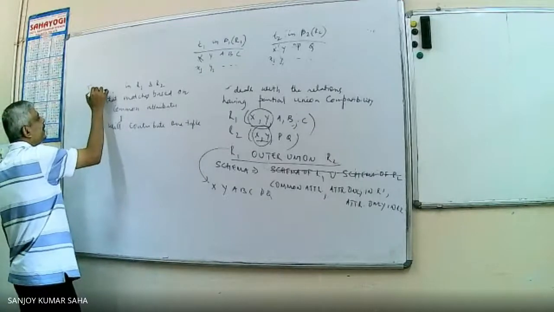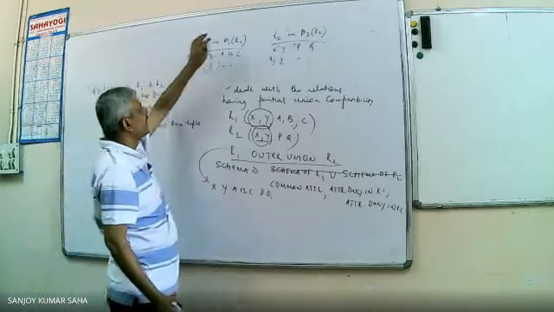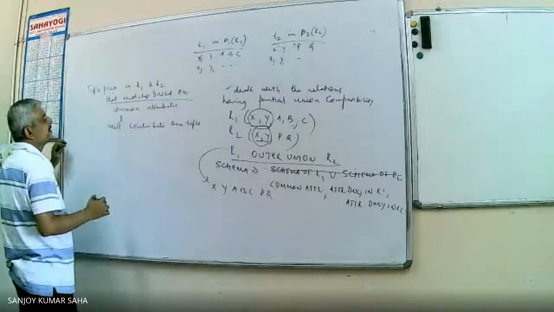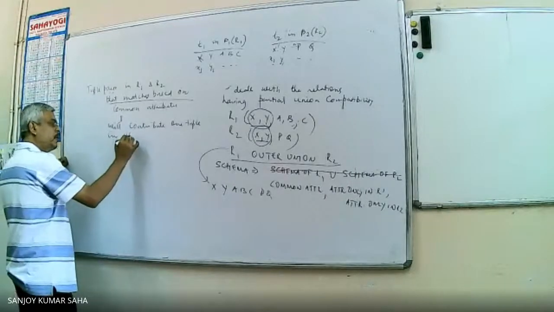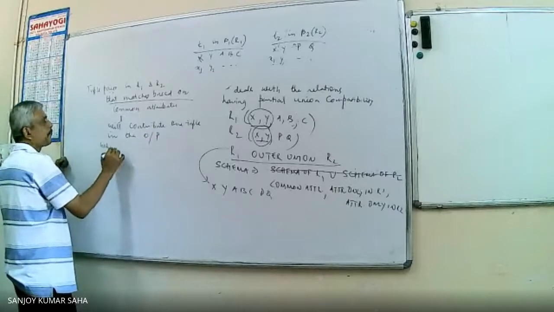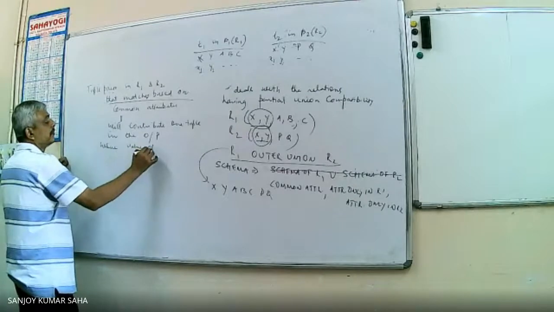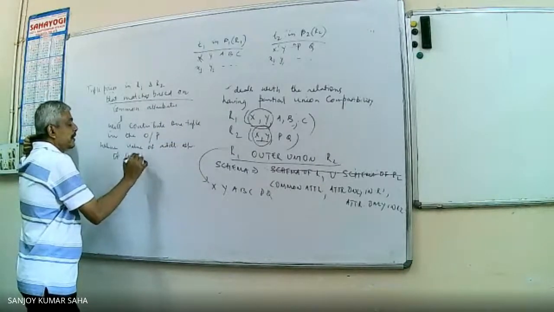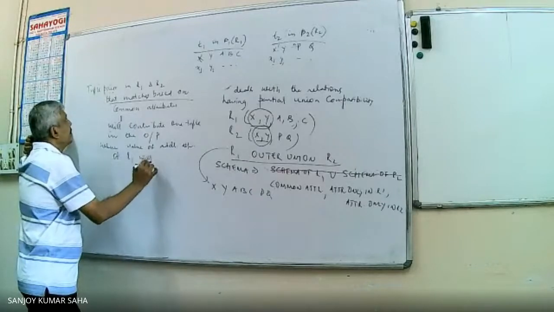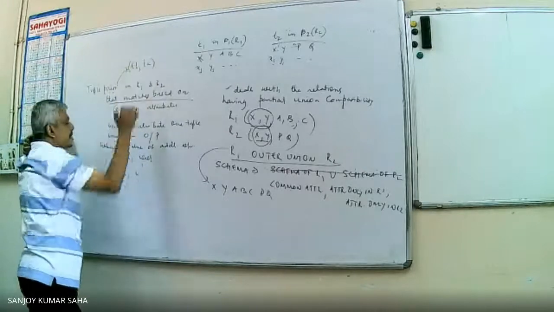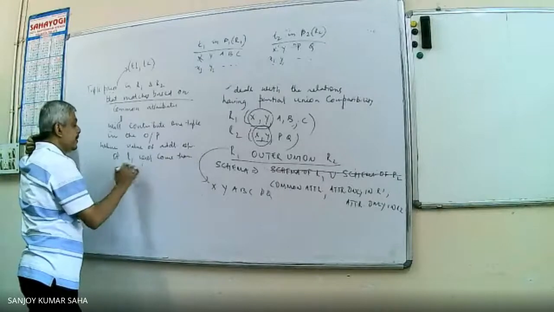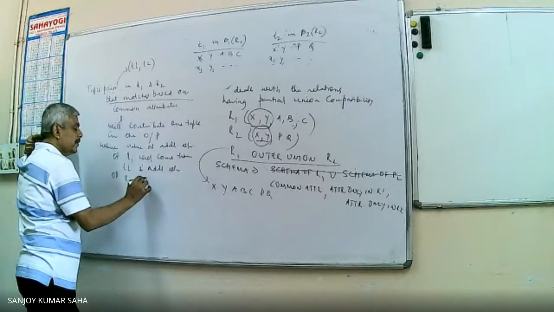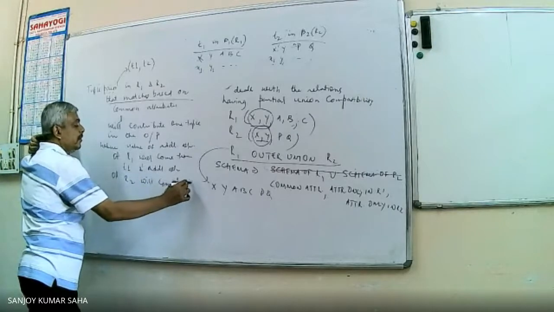Rather, it should be a tuple pair, a tuple T1 from R1 and a tuple T2 from R2. A tuple pair that matches based on the common attributes will contribute one tuple in the output, where the values of the additional attributes of R1 come from T1, and the additional attributes of R2 come from T2.